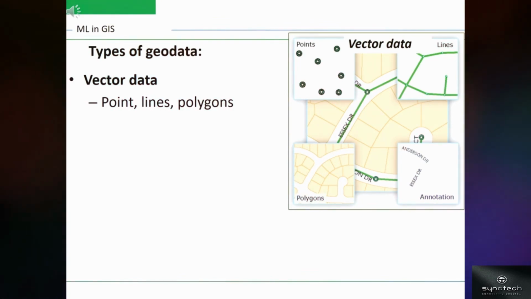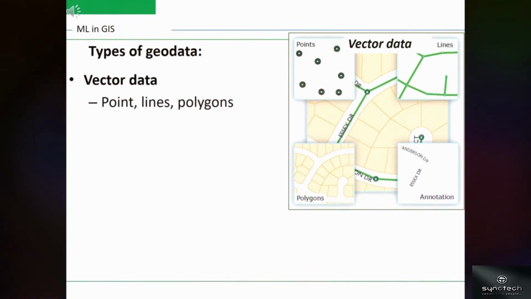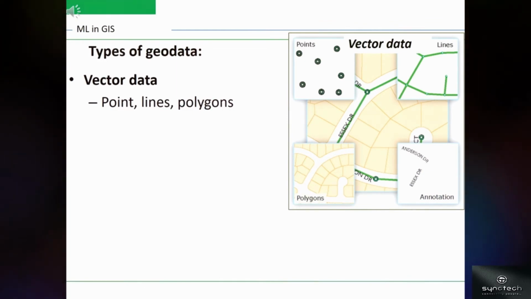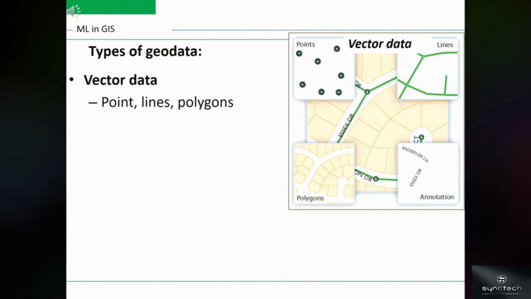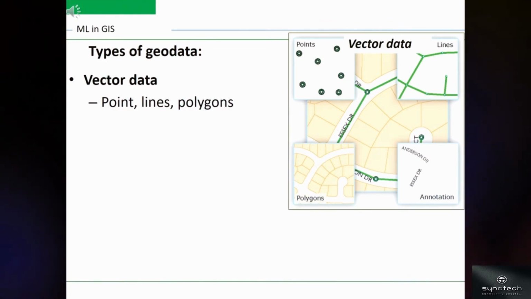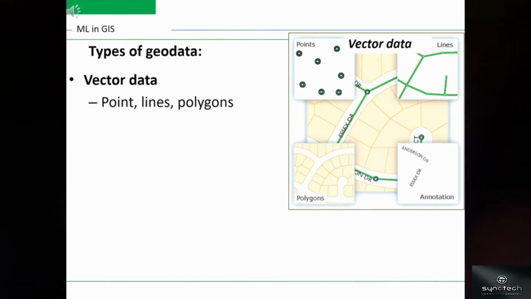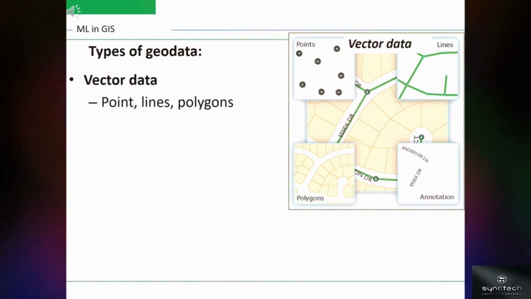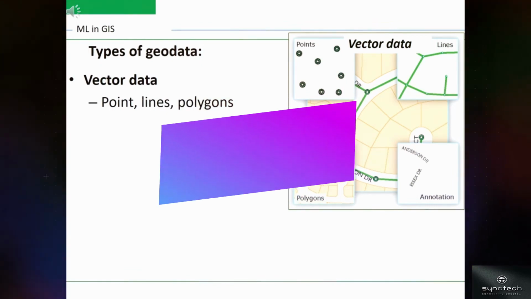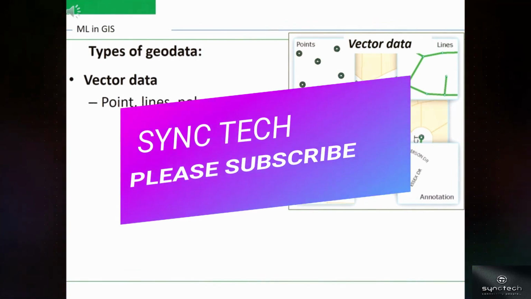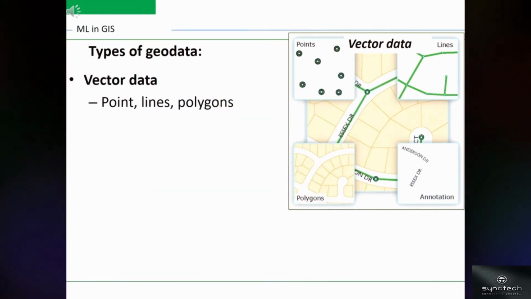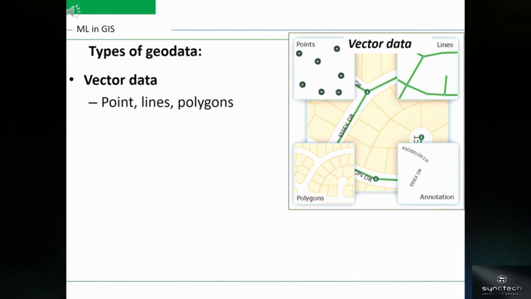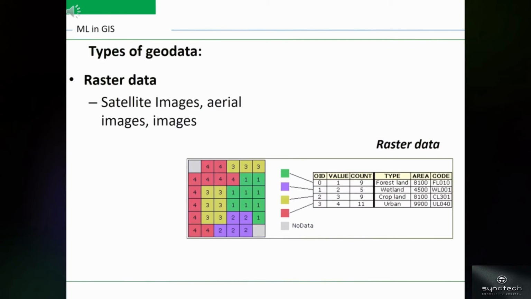So, first, vector points are simply xy coordinates of that location. Secondly, vector lines connect each point or vertex with path in a particular order. Finally, polygons join a set of vertices, but it encloses the first and last vertices, creating a polygon area.